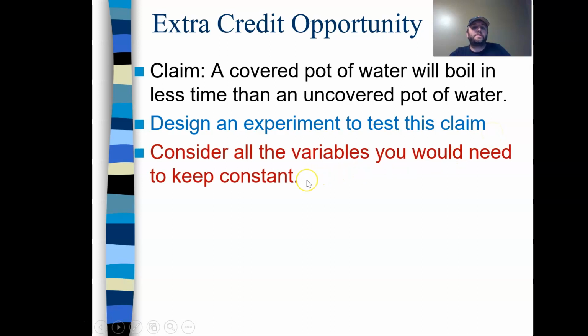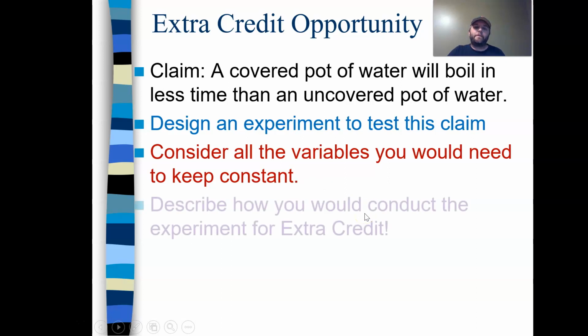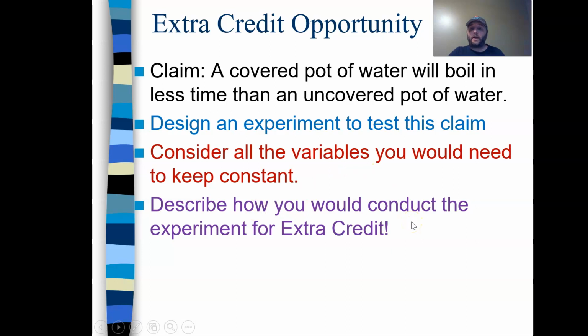As you do this, consider all the variables you would need to keep constant. Now, some of you are stressing out, saying hey, you didn't post this assignment. Okay, you're right. Describe how you would conduct this experiment. So design it, consider those variables, and describe this in detail. Do that for extra credit.